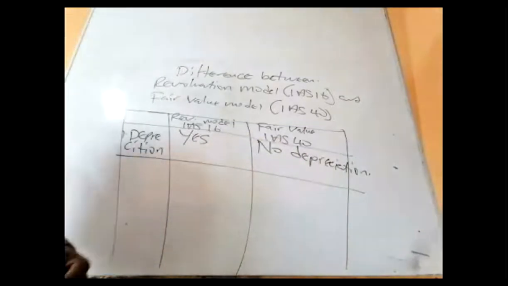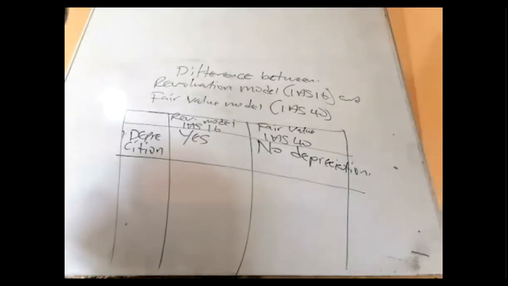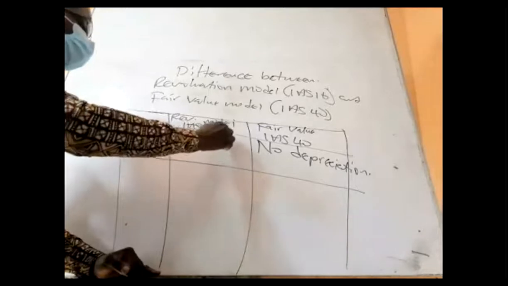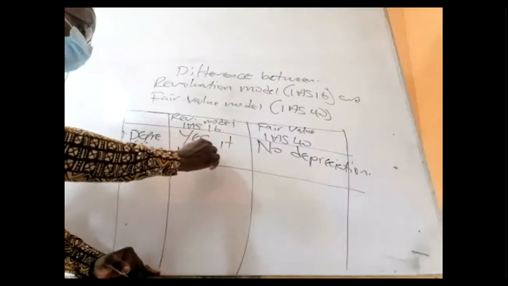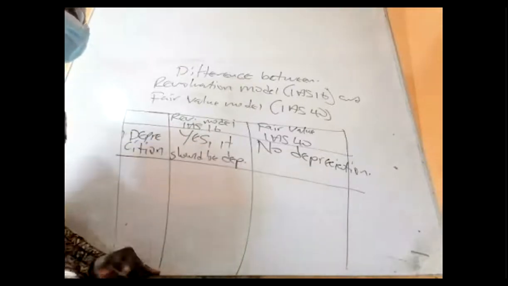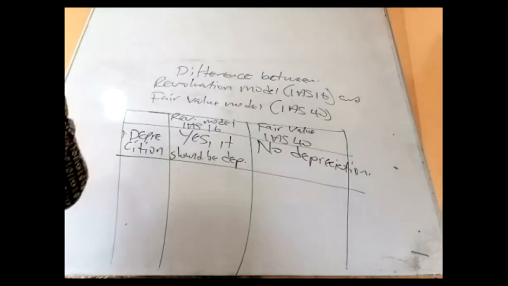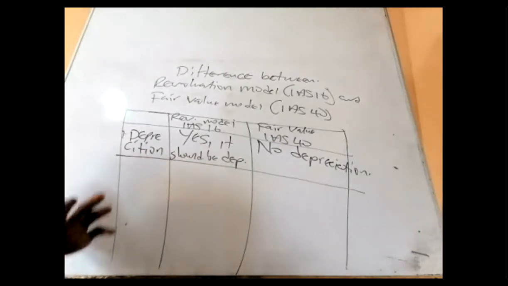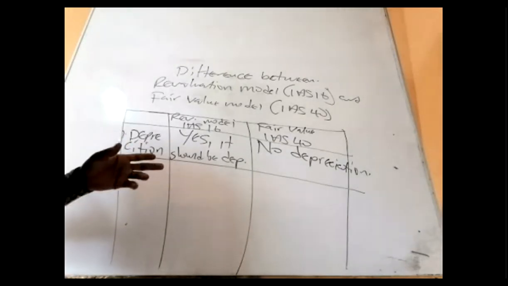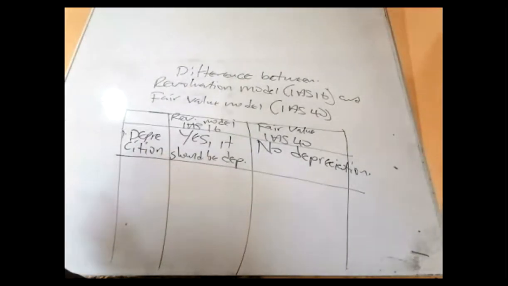So property carried under the fair value model according to IAS 40, you don't charge any depreciation. So when they give you an asset carried under IAS 40 and it's an investment property, don't charge any depreciation on that asset.